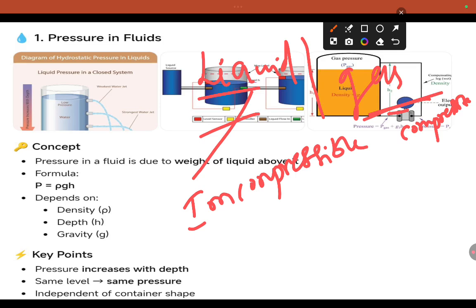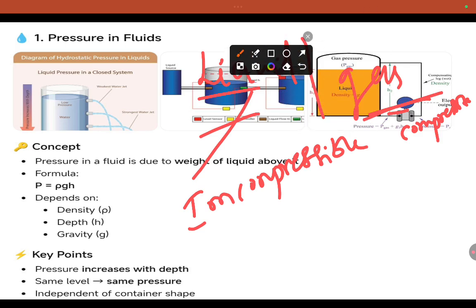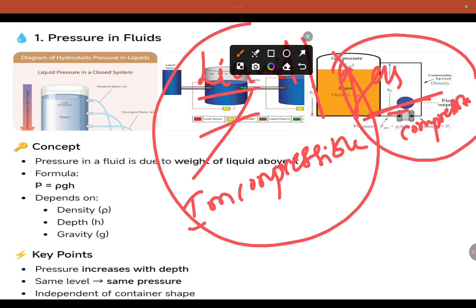Does it compress? No. But you can take air or a gas like helium in a balloon. You apply some force, then the balloon size is reduced. So that is about compressibility. Gases are compressible, liquids are not compressible, so they are known as incompressible.